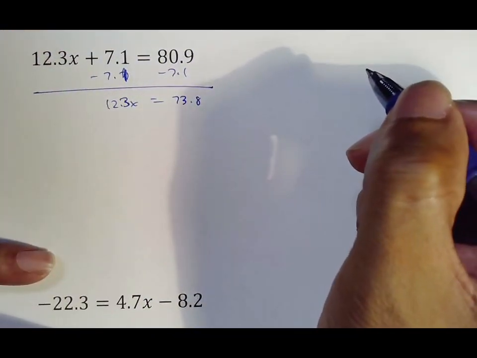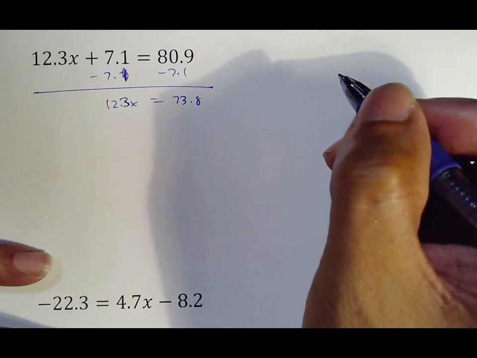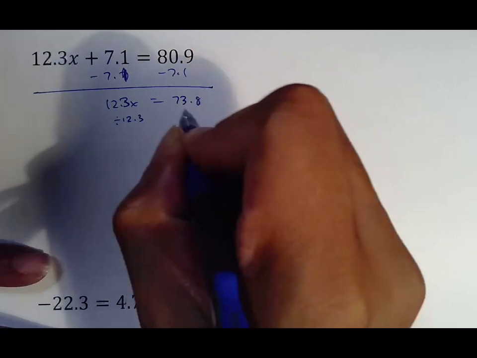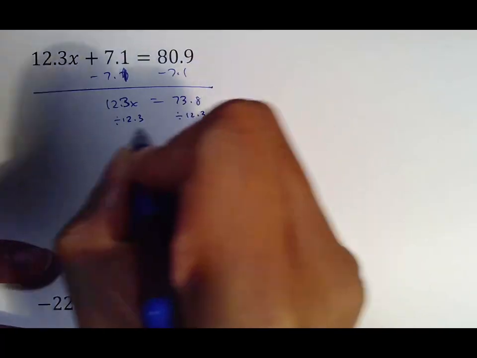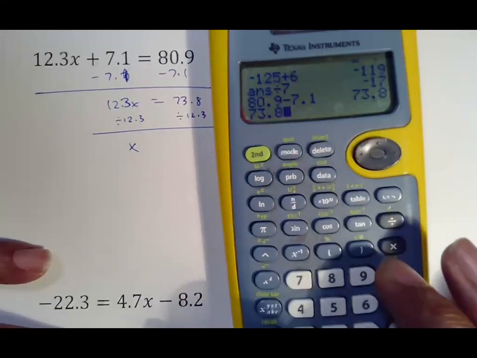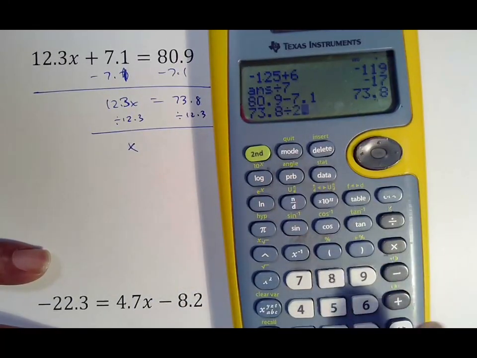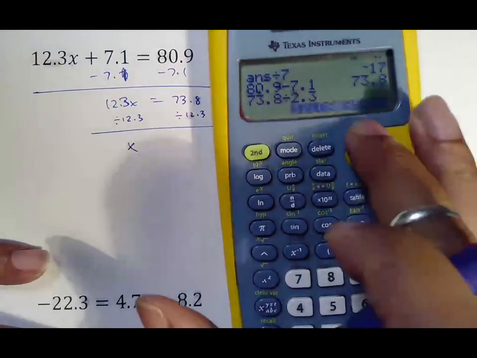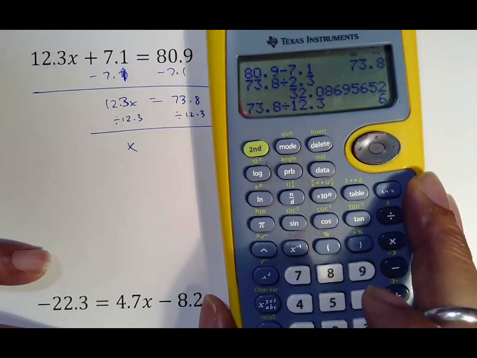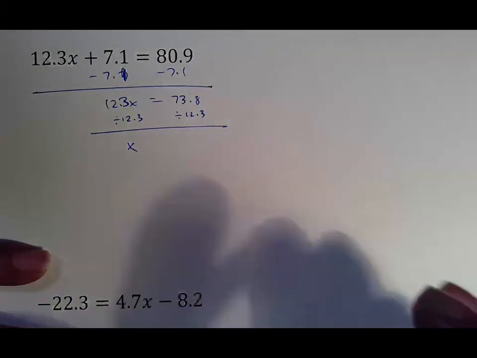I'm assuming the answer is going to be 6, but we'll see. From there, that's 12.3 times x, so we're going to divide by 12.3. X comes down. 73.8 divided by 12.3, which is 6. I typed it in wrong the first time.